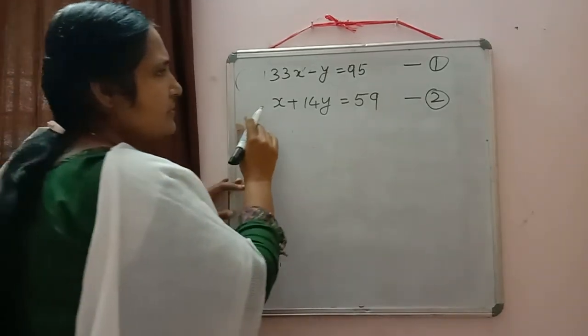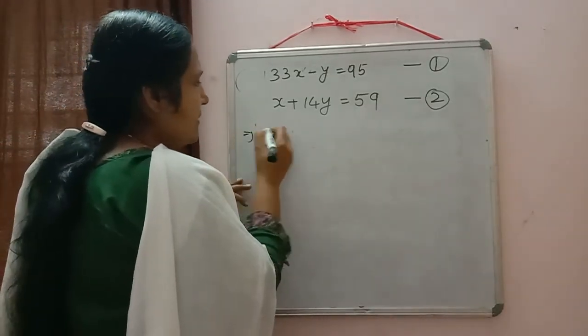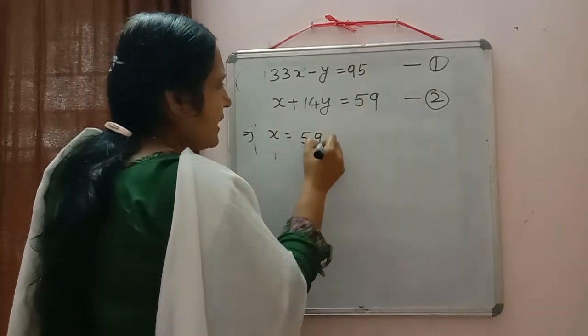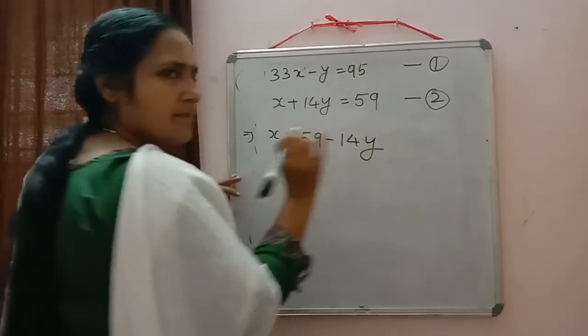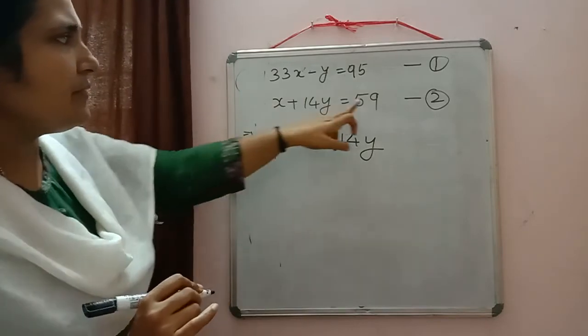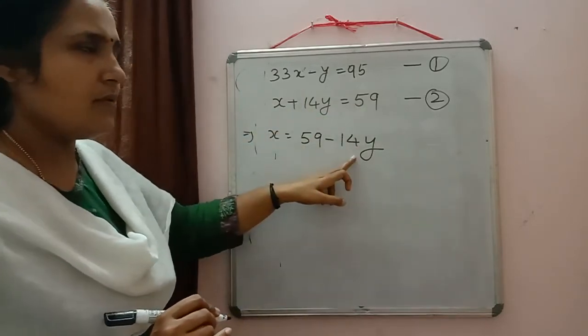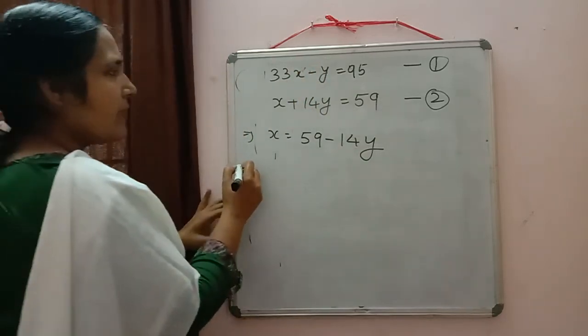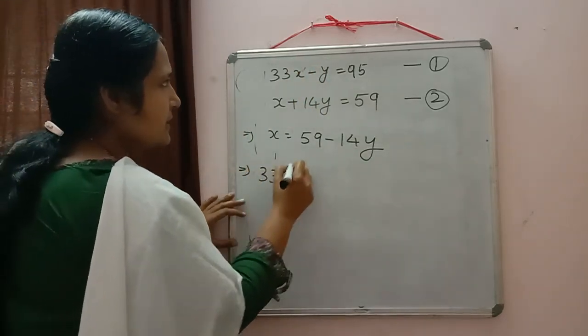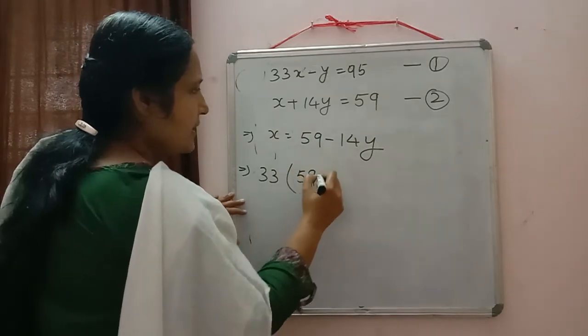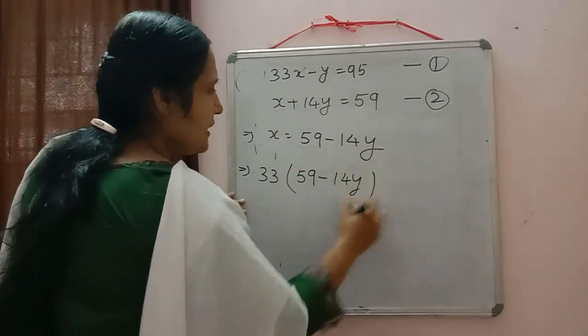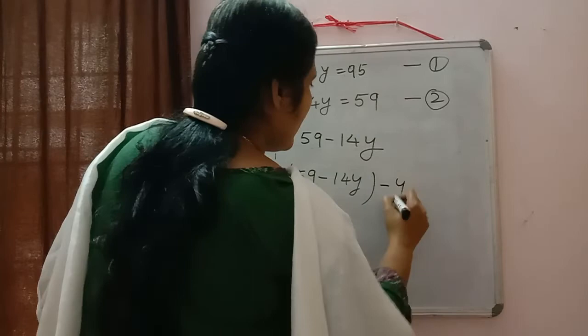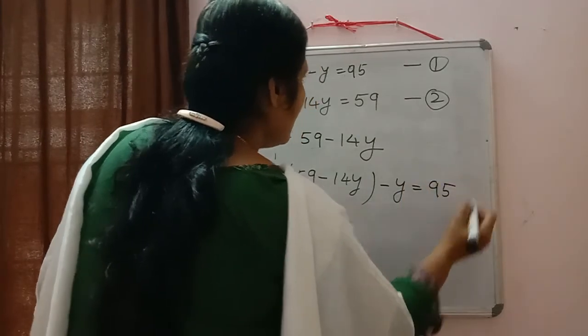Anything. So suppose from equation 2 we are writing x is equal to 59 minus 14y. So x is equal to, we wrote 59 minus 14y, and then we will substitute the value of x in equation 1. So it will be equal to 33 into (59 minus 14y) minus y is equal to 95.